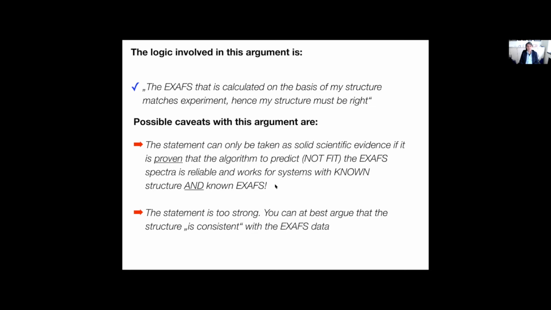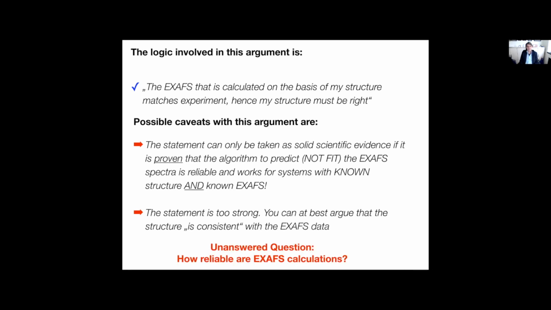Hence, I have to demand that the algorithm, if I know the structure and I know the EXAFS, must give me the right answer, right? Because otherwise I cannot rely on anything that the algorithm predicts when I don't know the answer. And please let me point out again, we're talking about now predicting, so not fitting the EXAFS, yeah? So that means there is no input from the experiment. You take the structure and predict the EXAFS.